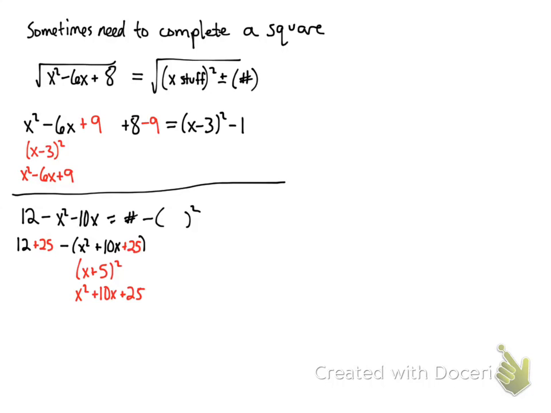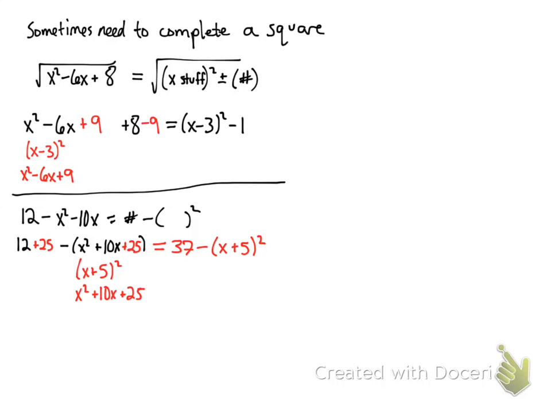Okay, it equals the same thing, but it's written in a way that now I can say, well, 12 plus 25 is 37, and the stuff in parentheses is x plus 5 squared. So that expression is 37 minus the quantity x plus 5 squared. Again, this is exactly the same if you multiply it out and simplify as 12 minus x squared minus 10x. It's just written in a way that we can see it is a number minus x stuff squared.